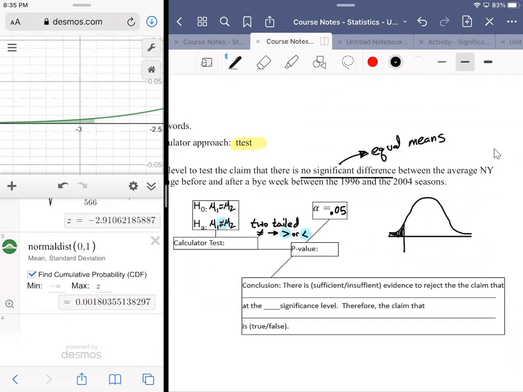So that 0.05 gets cut in half and gives us 0.025 on either side. So we're going to get two critical values, but fortunately, because the graph is symmetrical, if we figure out one, we'll know the other.